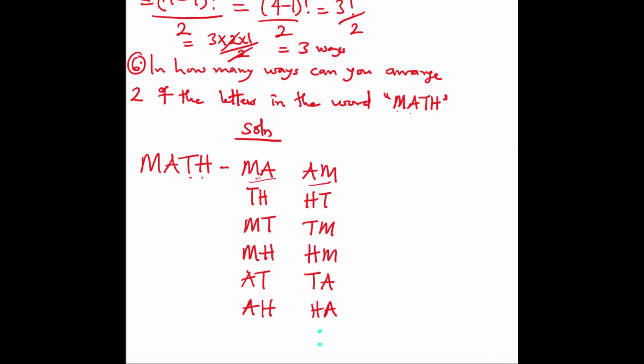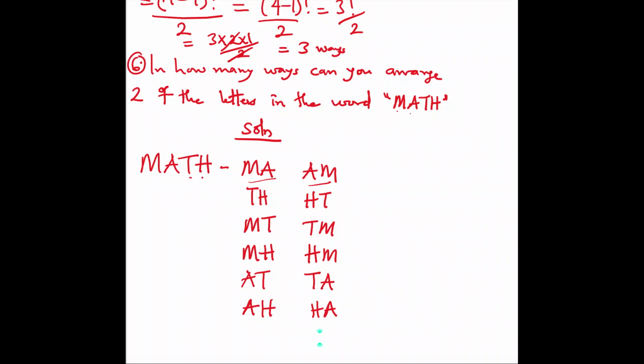So we can see that every two letter word that was written side by side, all the ones on the left hand side and right hand side, they all contain the same type of letters, but in a reverse order. Okay.